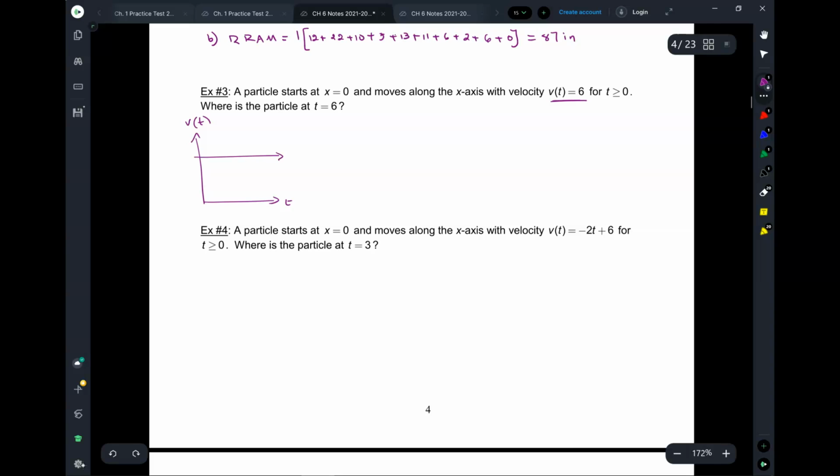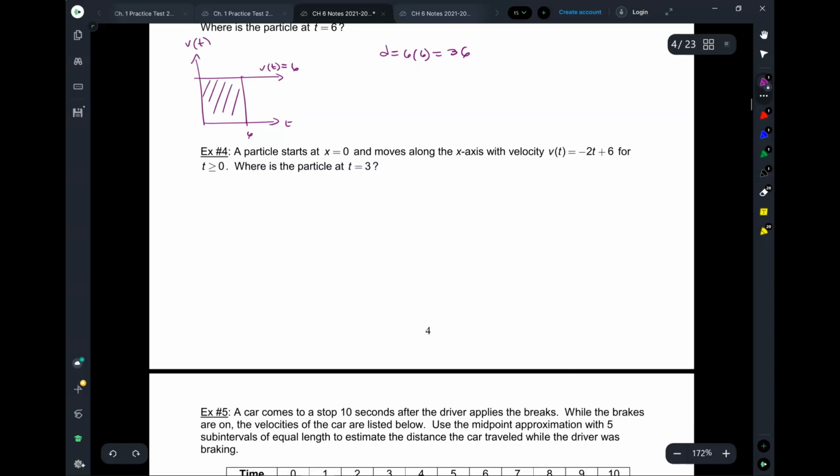And at t equals 6, this is what we're looking at. So distance is 6 times 6, 36. No units here either, right? That's it.